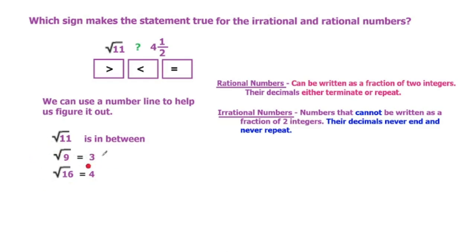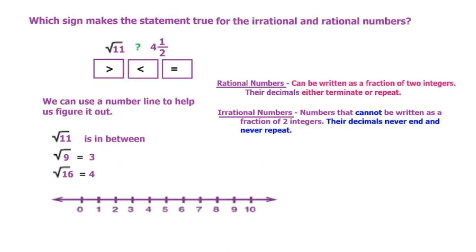So that means the square root of 11 is somewhere between these two, right? So if we have a number line here, we could say the square root is approximately somewhere in here between 3 and 4. Now we can work on 4.5.